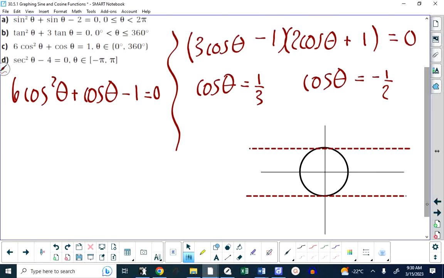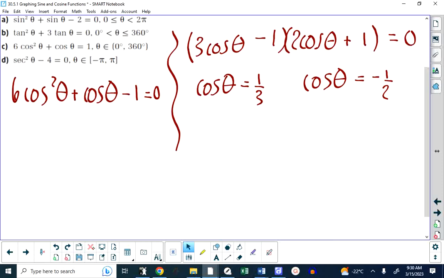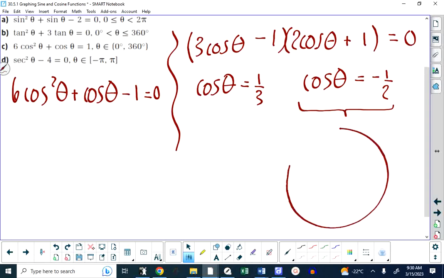This equation on the right can be solved by looking at the unit circle. Cosine of theta equals negative 1/2 is a pretty simple idea.